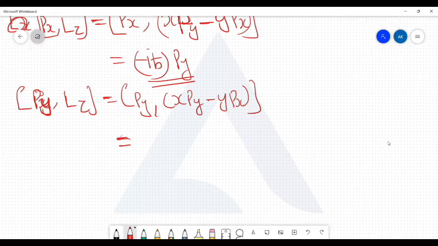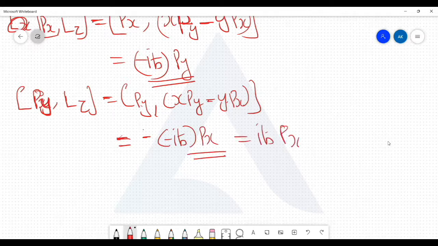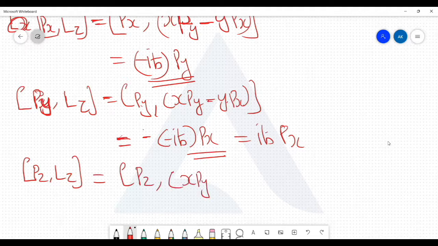So there is already a negative. Py with y is minus iħ cross px. So this is iħ cross px. Now the final term, pz with the Lz, that is pz with Lz is x py minus y px. So pz, there is no z term, therefore this is 0.